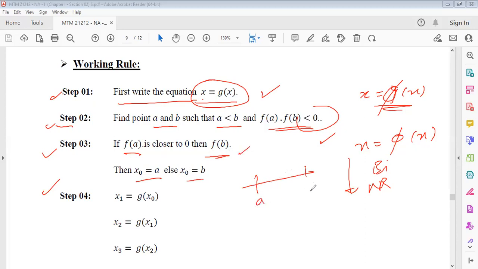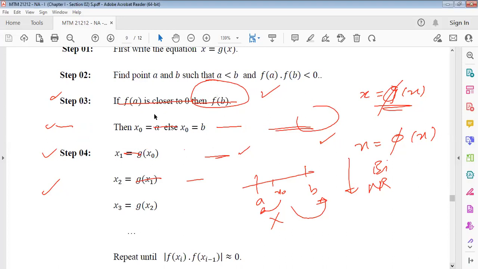So if you have A, B, we have a choice of x0. If f(A) is closer to 0 than f(B), then we take x0 as A. Otherwise, we take x0 as B. Then step number 4 says how you have to use the formula to find x1.